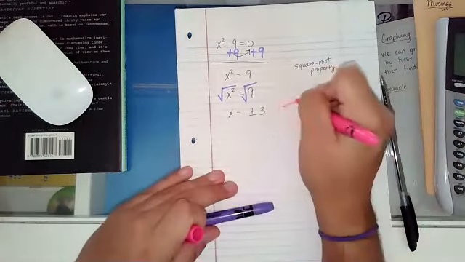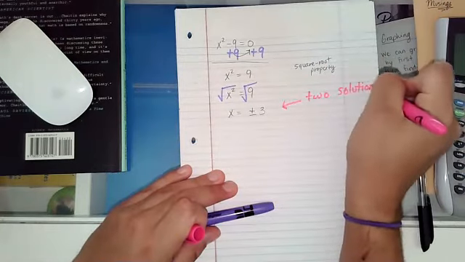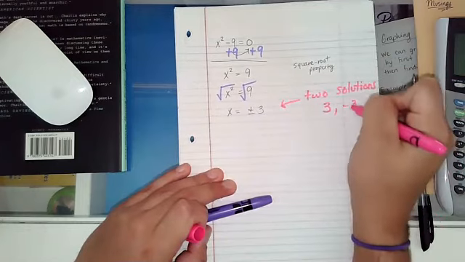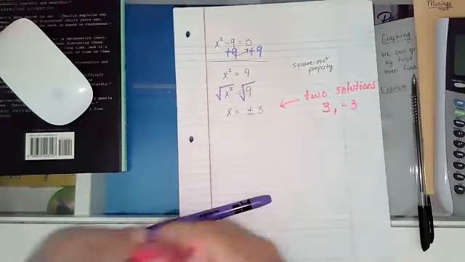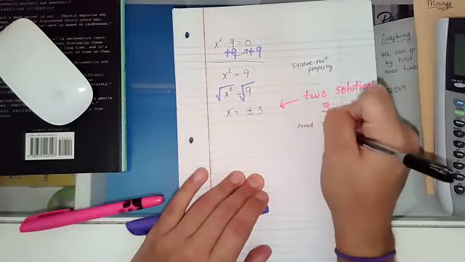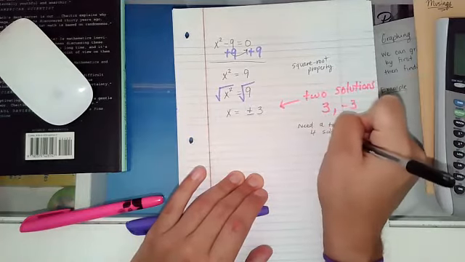So just keep in mind here, this is two solutions. We have a positive 3 and we have a negative 3. But we need a total of 4 solutions.